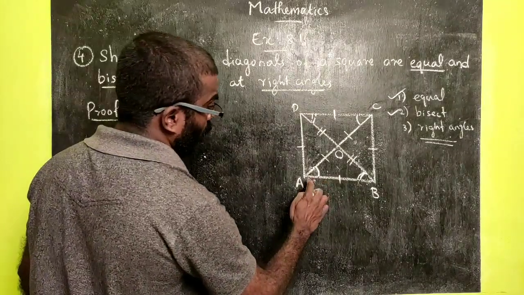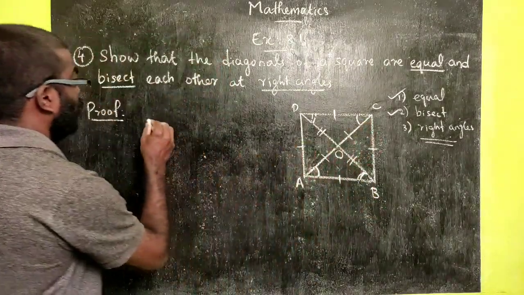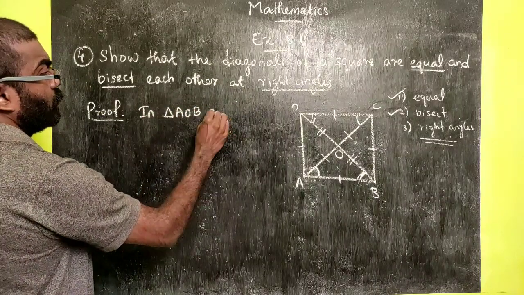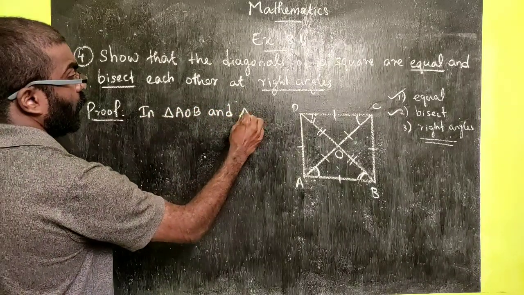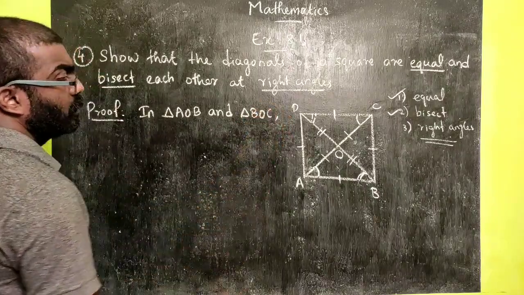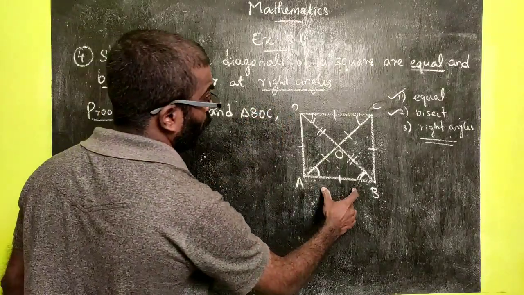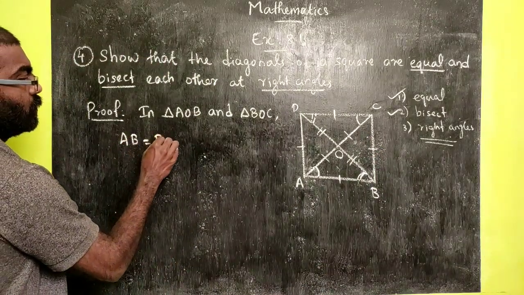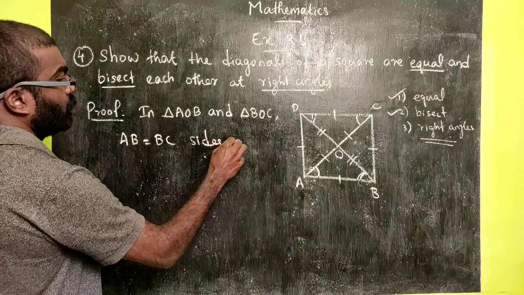Here we can consider triangle AOB and BOC. So in triangle AOB and triangle BOC, what we can write? AB equal to BC, sides of square.